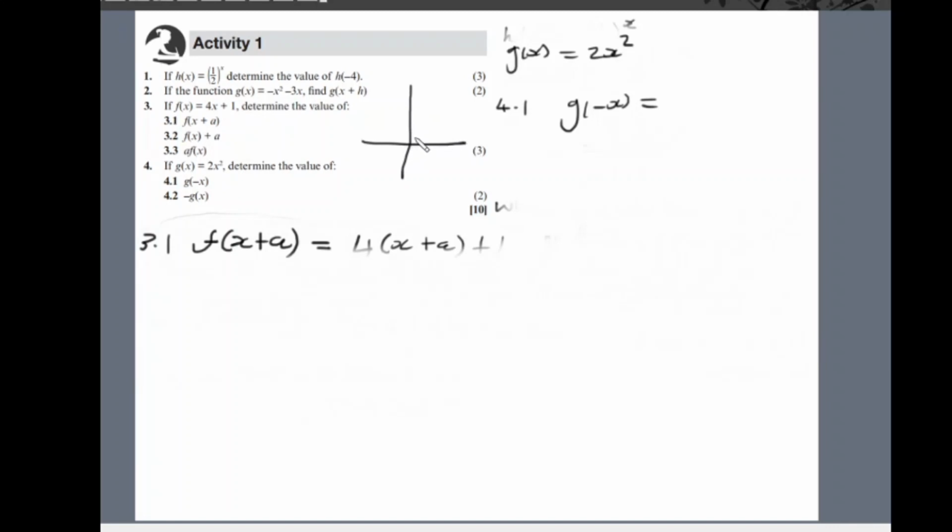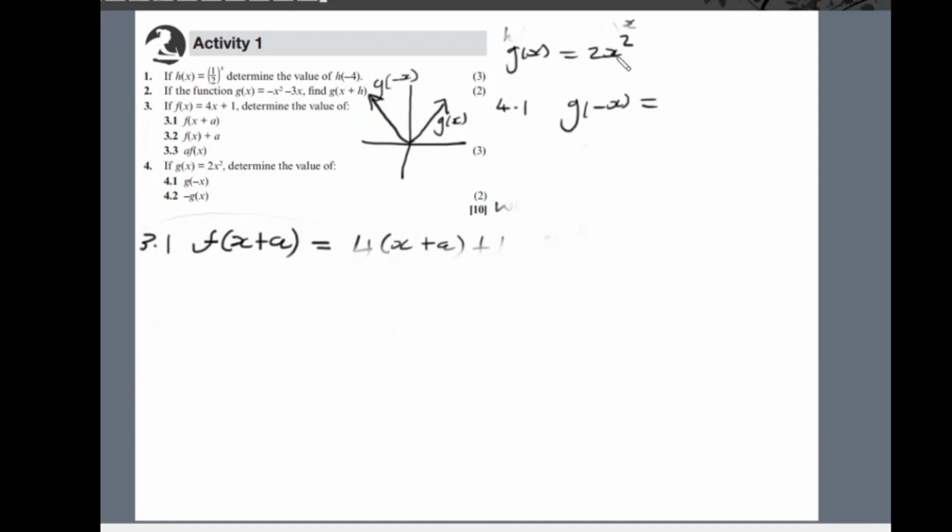So for argument's sake, let us say the graph of g looks like this, this is the graph of g of x, right? And then g of minus x will be a reflection of this graph about the y-axis. This is the reflection, and this is the original graph.